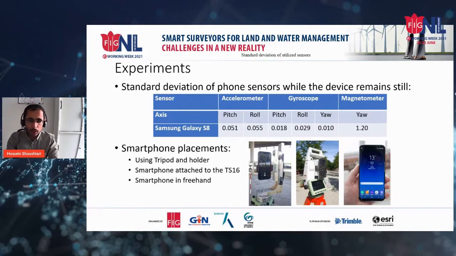First, using a tripod and adaptive holder, just like an independent device or tachymeter. Second, attaching the smartphone to the total station to be sure about the exact value of the rotation as a reference. Third, measuring with the smartphone just in hand to understand the performance under public usage of a smartphone.